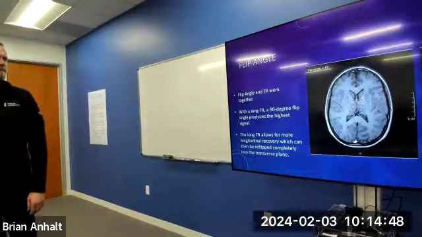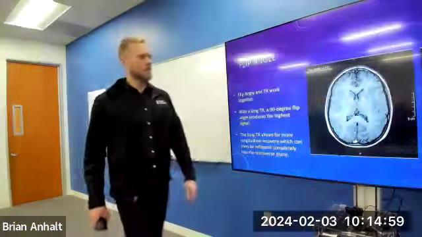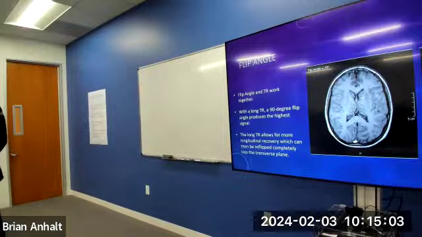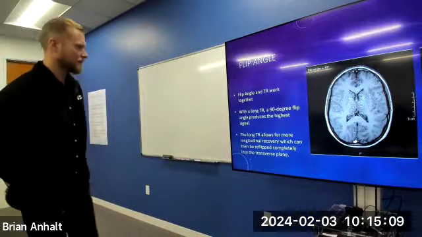As you can see here, long TR, we don't know what it is, but we can see a flip angle of 10 versus a flip angle of 90, right? Which one looks less grainy? The 90, right? With a long TR, the 90-degree flip angle produces the highest signal.